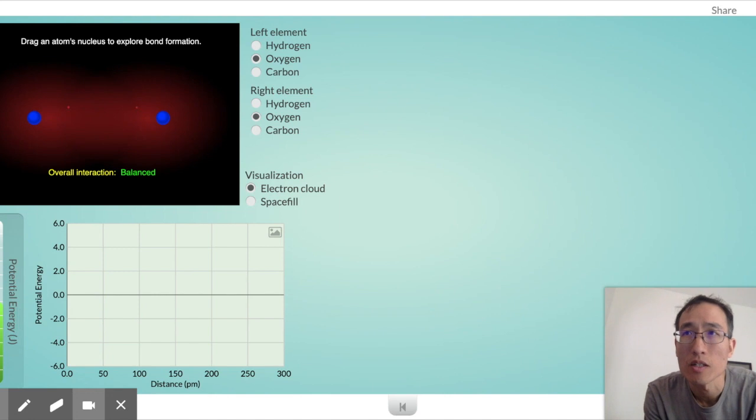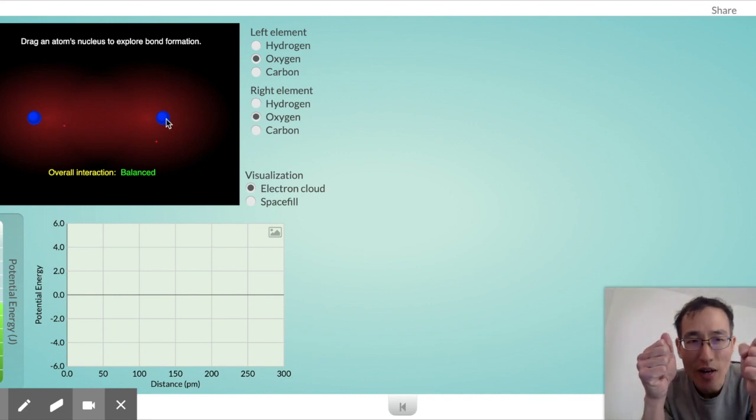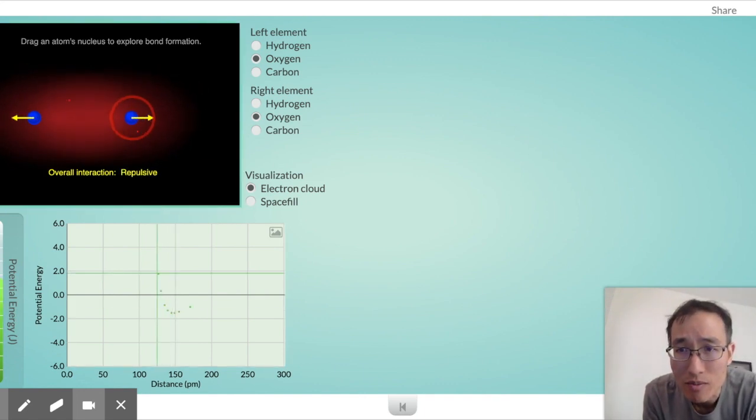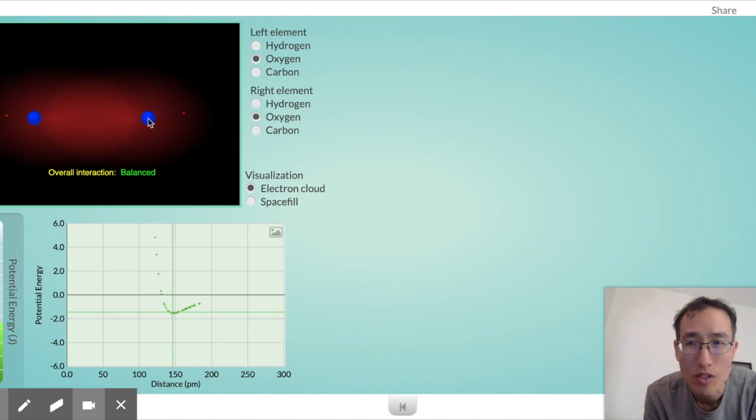Okay, we're going to try that again because the video froze up. The 2 oxygen atoms, we're going to move them to the bond length and take a look at the energy. So think about, I have oxygen together, and as I break it apart, so I'm going to move them together, and we see that it has this nice well down here, the perfect balance of attractive and repulsive forces.